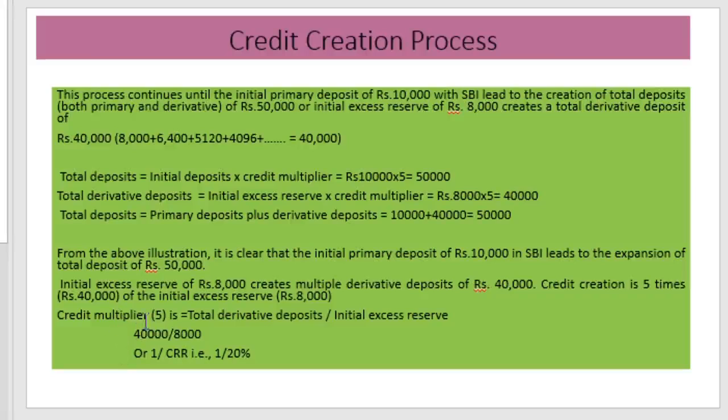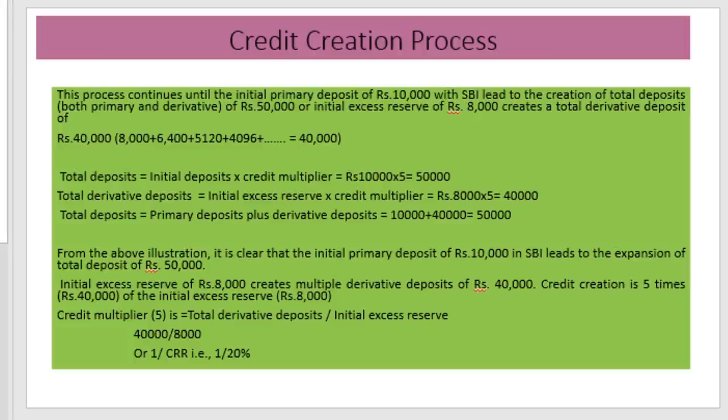This process will continue, but how much the bank can create as credit is given in the following section. That is, the process continues until the initial primary deposit of 10,000 with SBI leads to the creation of a total deposit, primary and derivative deposit, of 50,000.